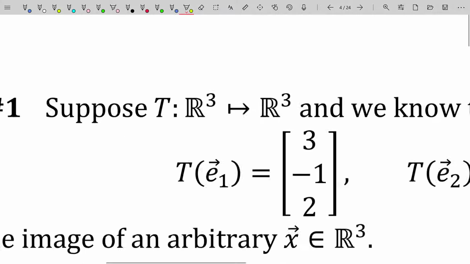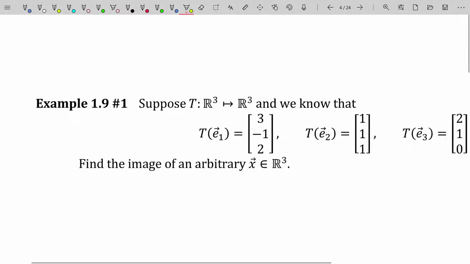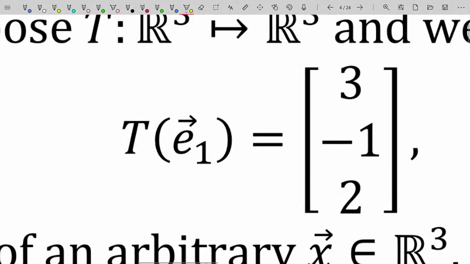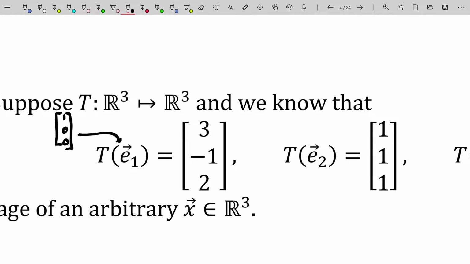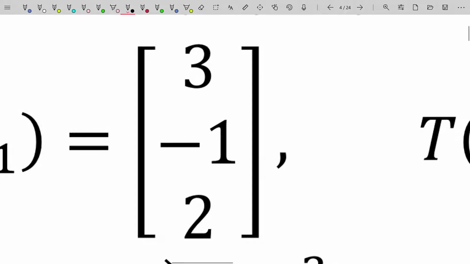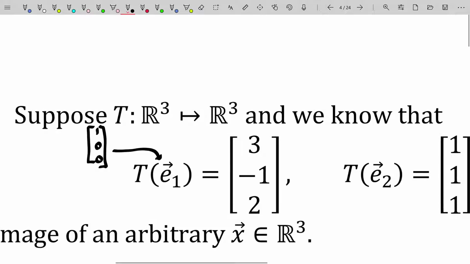Well, let's suppose that we have a transformation from R cubed to R cubed, and we know that when we apply the transformation to e sub 1, so the vector (1, 0, 0), we get an output or an image of (3, -1, 2). Notice that I haven't told you what the matrix for the transformation is.